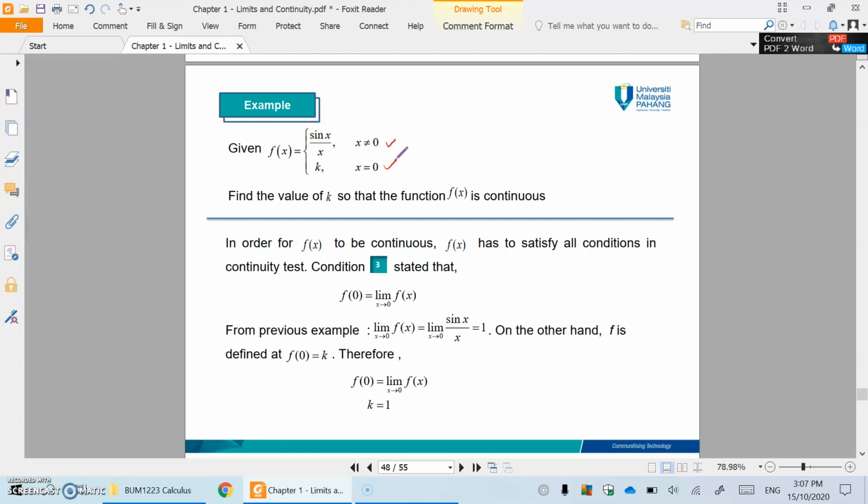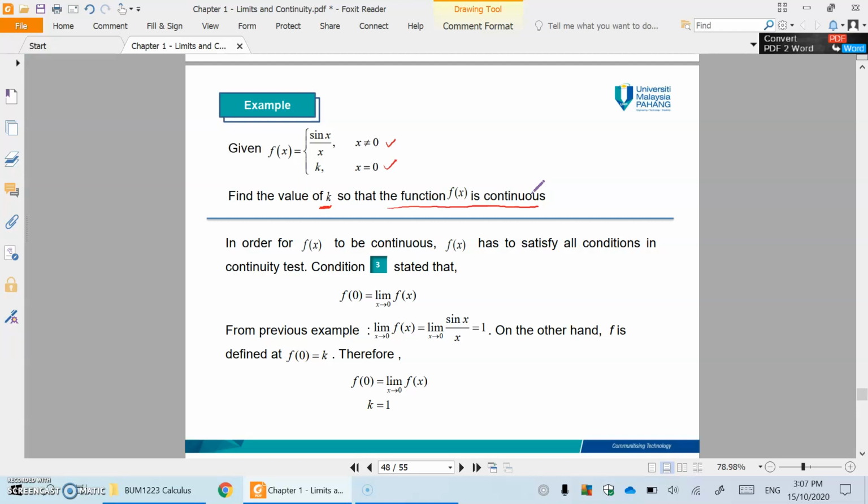They did not ask us whether the function is continuous or not, but they asked for the value of k so that the function is continuous.